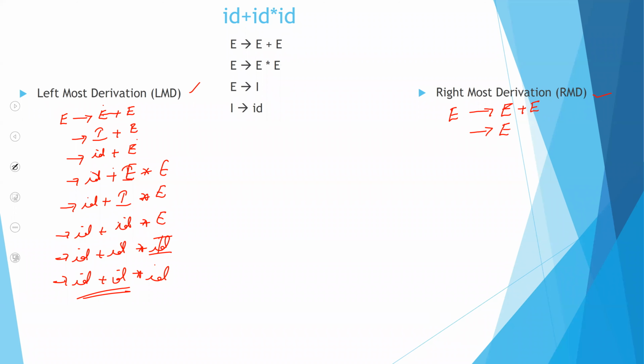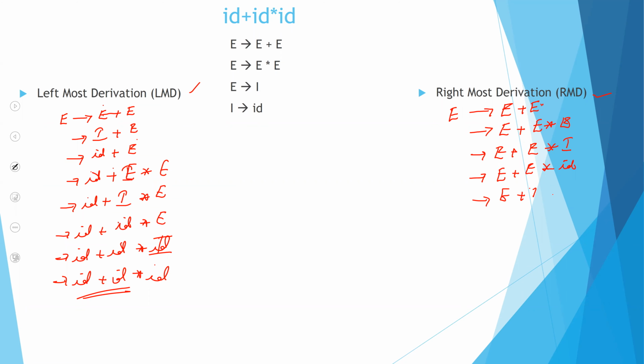So you will leave this as E itself, and you will be changing this E. What is E? E into E. So E plus, you will be going for the rightmost. Only after the rightmost is done, you will go for the next one inside.